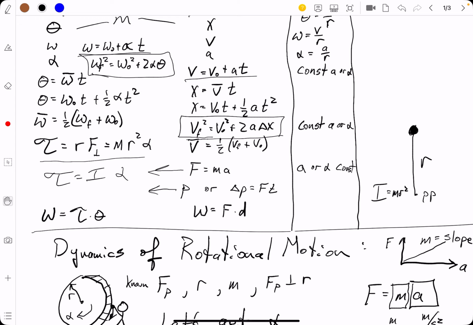I'm going to put in there that this is also delta KE, and we haven't gotten to the momentum thing yet, so I'm leaving a little space there, but I need to erase some, so we're going to erase this structural line.